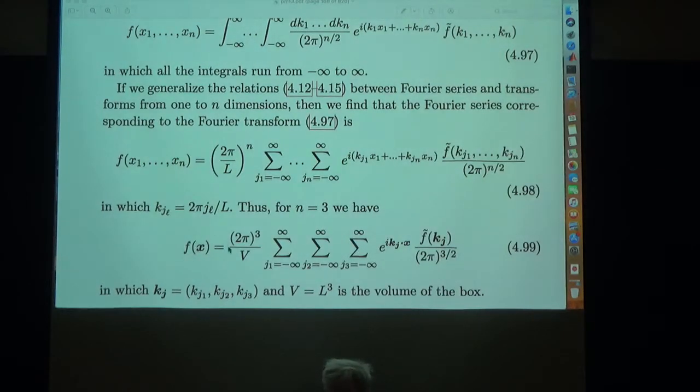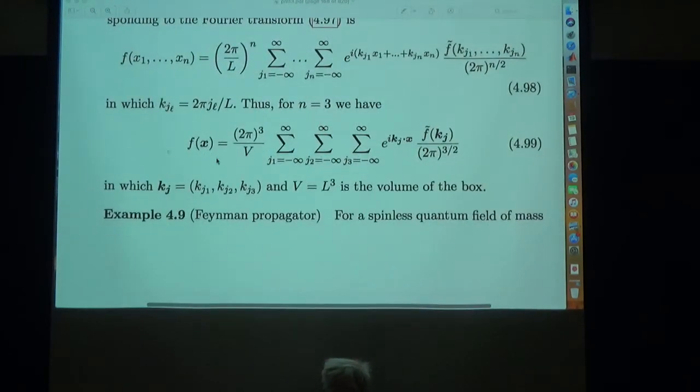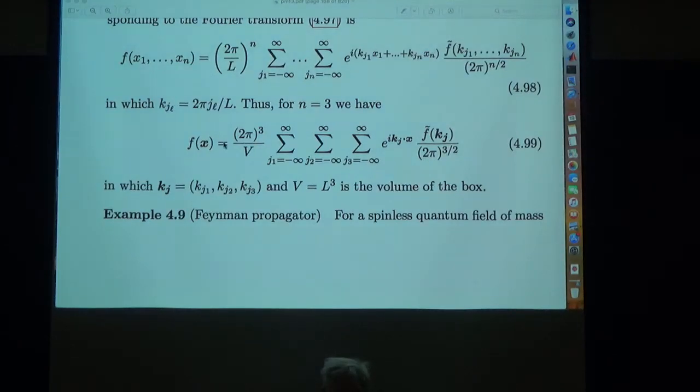And in particular, for 3 dimensions, you have this relation, which you've no doubt seen 10 or 20 times as an undergraduate. The function, as a function of the 3-vector x, is (2 pi) cubed over the volume, the sum over the Fourier transform evaluated in momentum space at these discrete lattice points in momentum space, and you divide by L cubed and so forth.